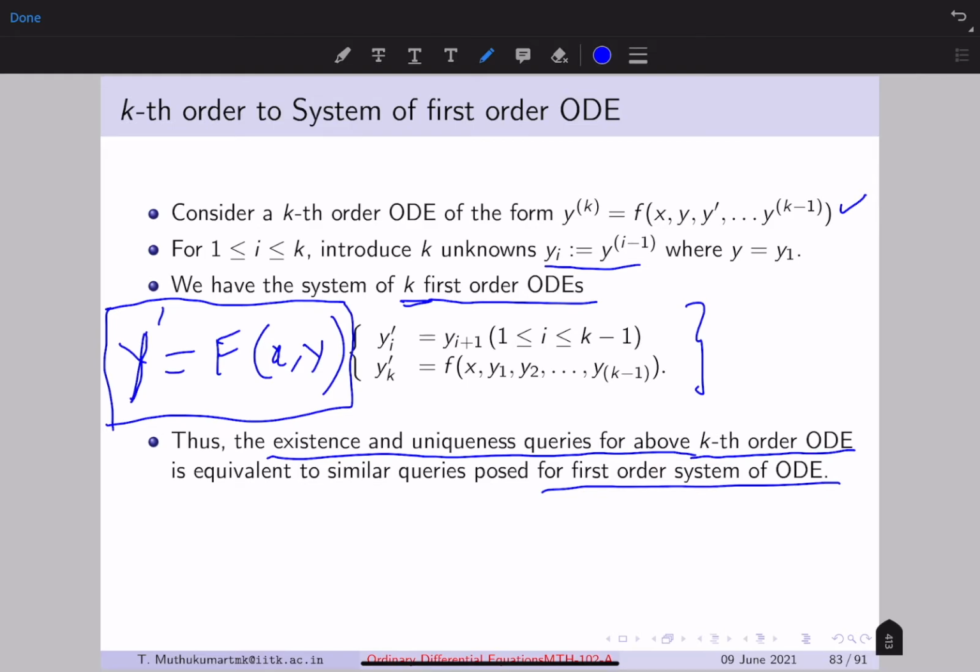And a first order system of ODE behaves very similar to the first order scalar equation that we have been studying so far. So what is the result that we studied about this first order system?